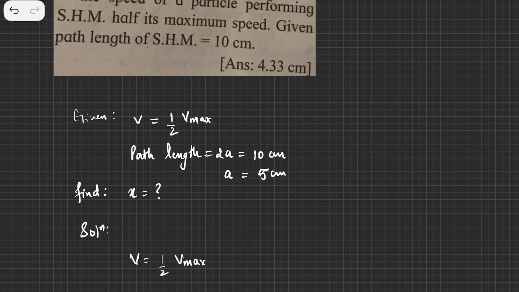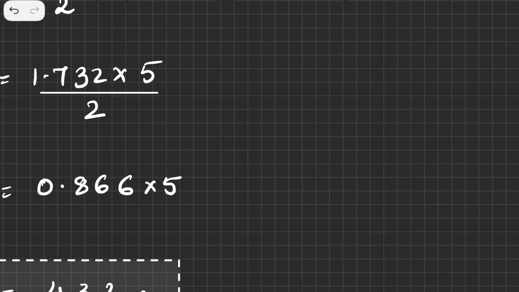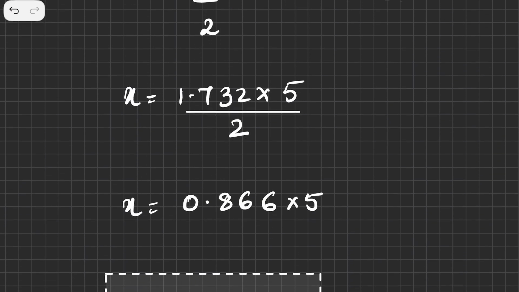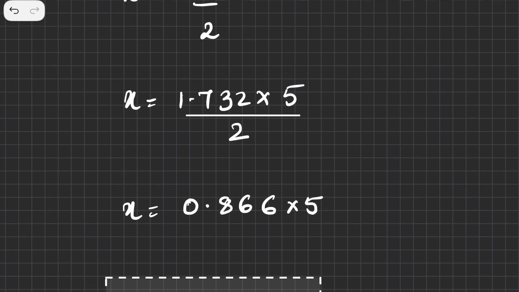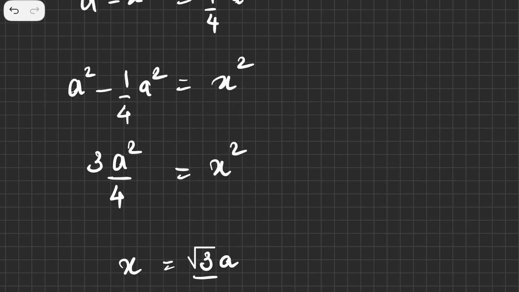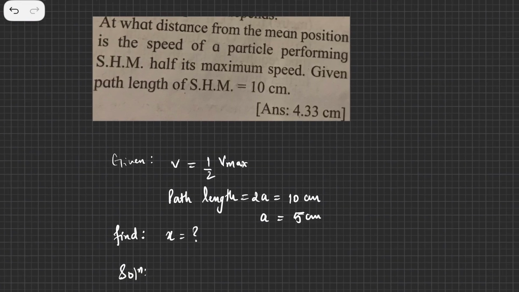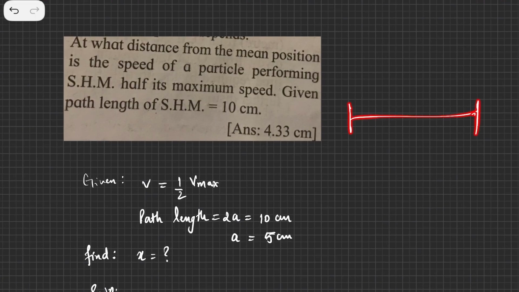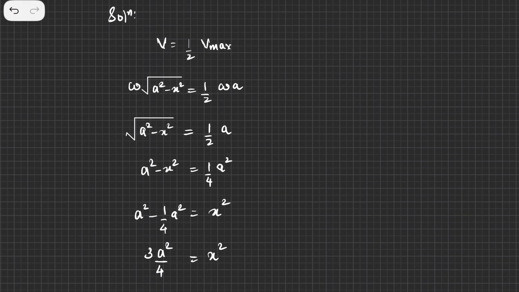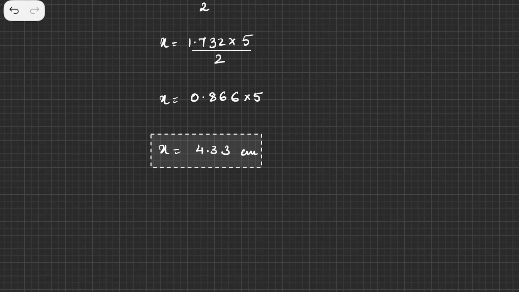That's the physical significance of this numerical. Velocity becomes half only when it has traveled 4.33 centimeters, and only at the last end of the oscillation does the velocity come out to be 0. So the decrease in velocity from 4.33 to 0 comes in the last part of the section.